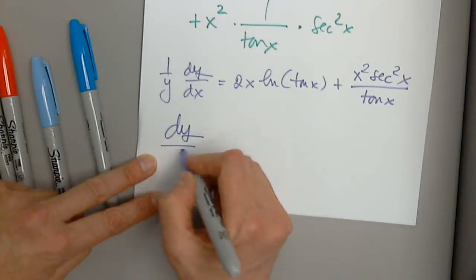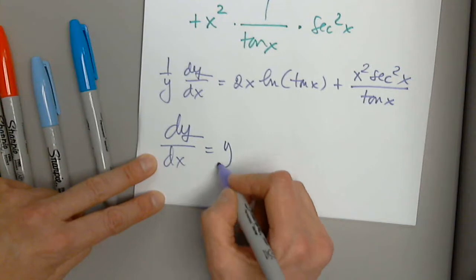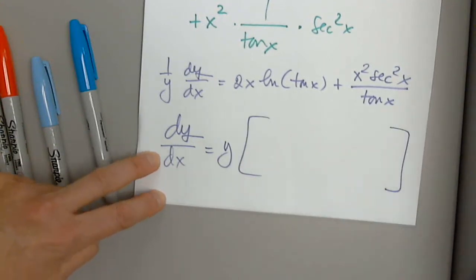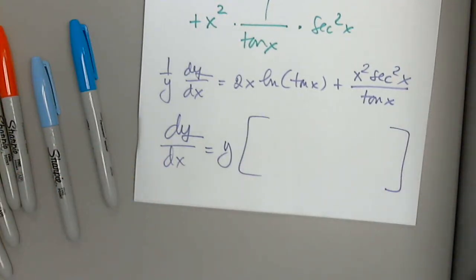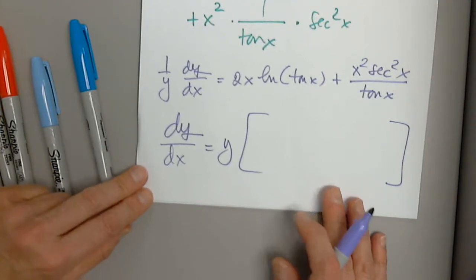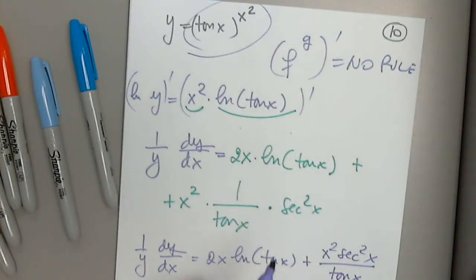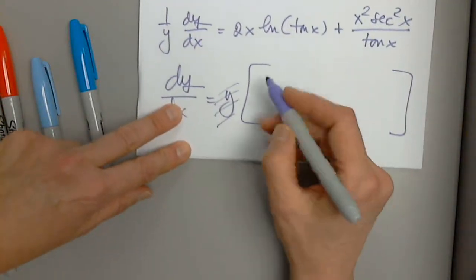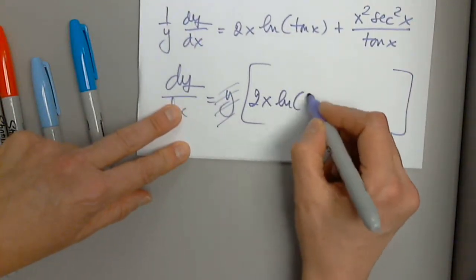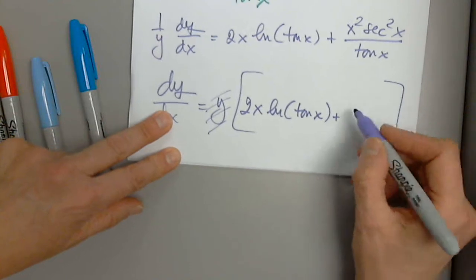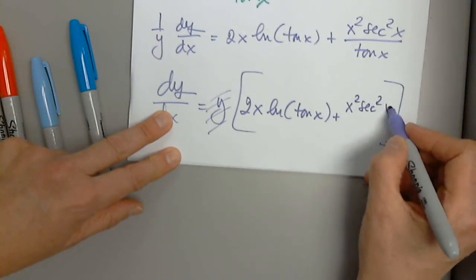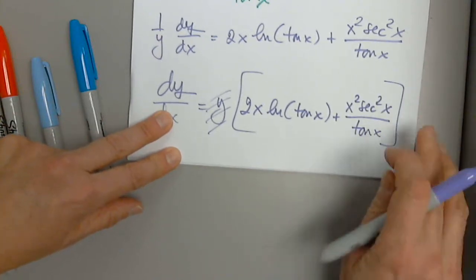So now dy over dx is y times all this. But I cannot leave it in terms of y. I have to go back after that, write it one more time, and replace this by this. So this is 2x natural log tangent x plus x squared secant squared over tangent x.